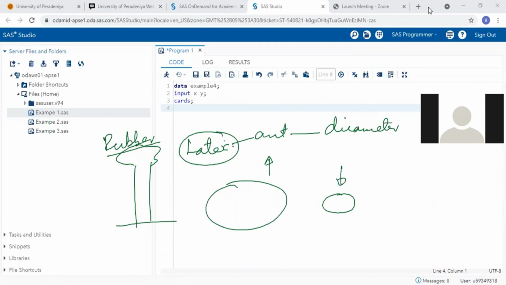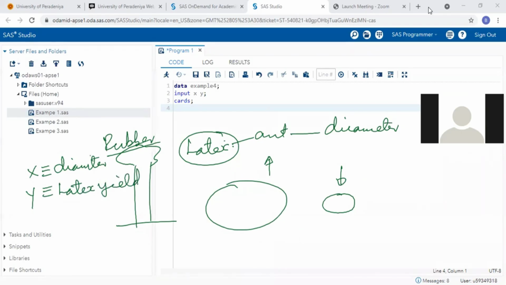Right? So X in my case is the diameter of the rubber tree. Y is the latex yield.